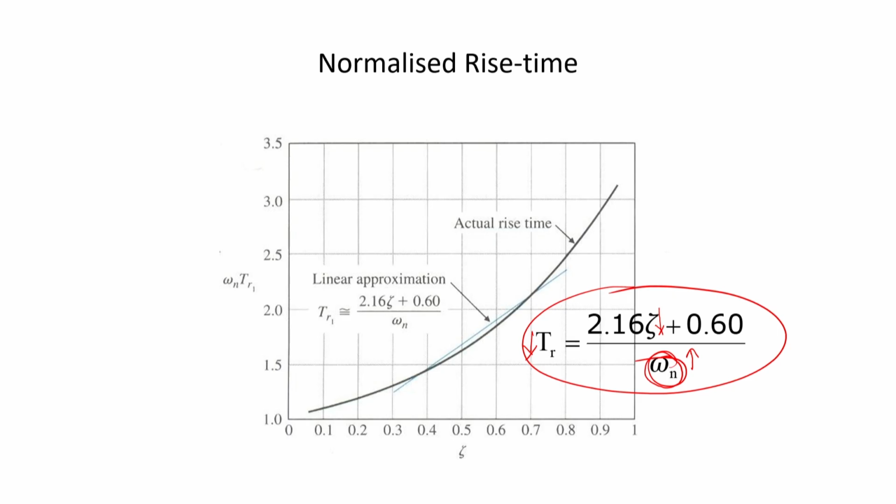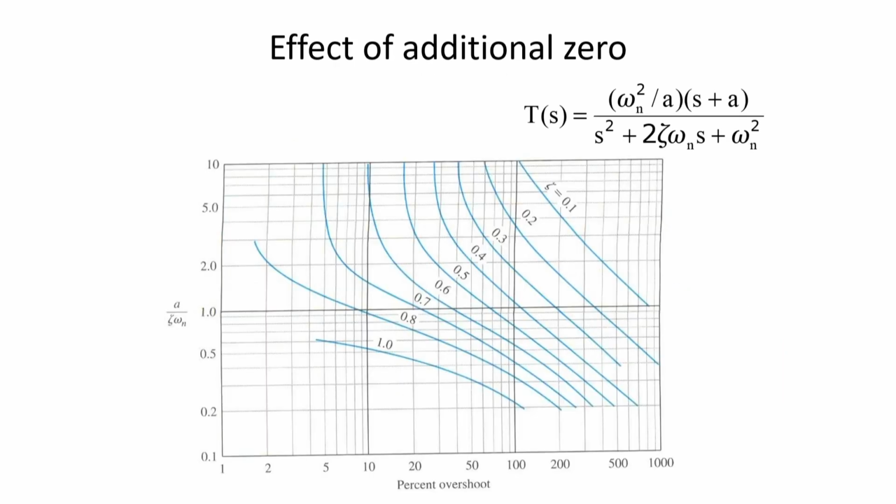Now, so far we have considered a system which does not have anything in the numerator except a constant. But if you have, let us say, a numerator polynomial of degree 1, you can say that it is equivalent to an additional 0 present in the system. Okay. So, like the roots of the denominator are the poles, and the roots of the numerator are the zeros.